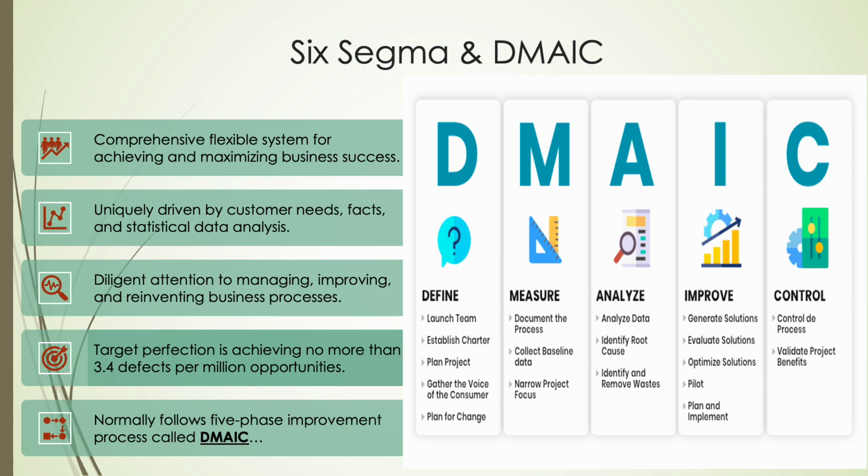Finally, quality control aligns with the control phase of DMAIC, ensuring that improvements are maintained, processes are monitored, and validated deliverables meet all requirements. Integrating DMAIC principles strengthens the overall focus on process excellence, risk reduction, and customer satisfaction across projects.